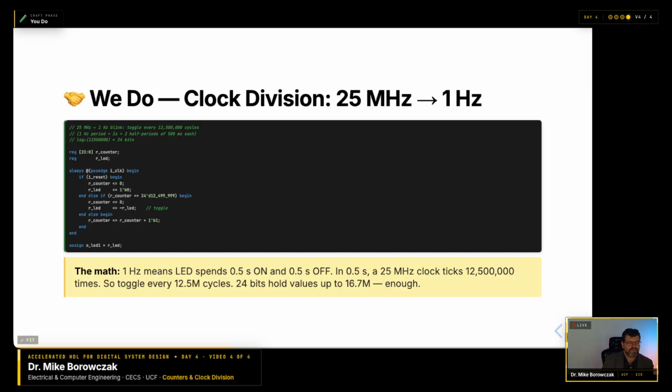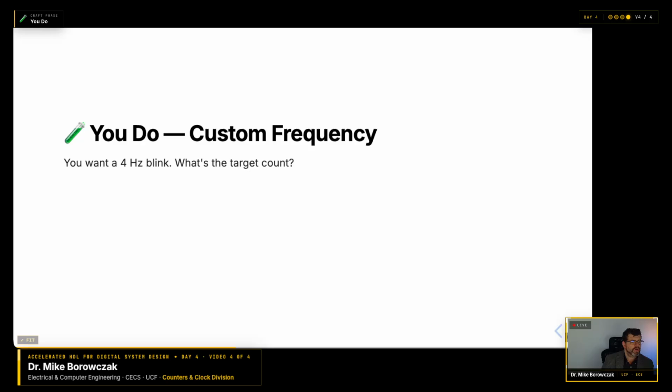So, all right. Can you do it? Can you follow the same pattern we just did and come up with a 4 hertz blink? For a 4 hertz blink, half of that time is going to be spent on, the other half off.